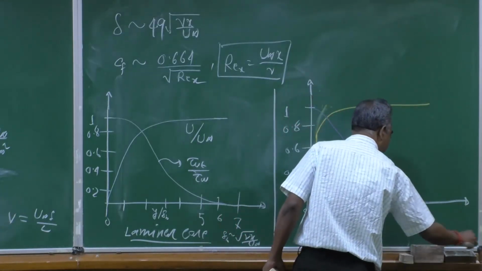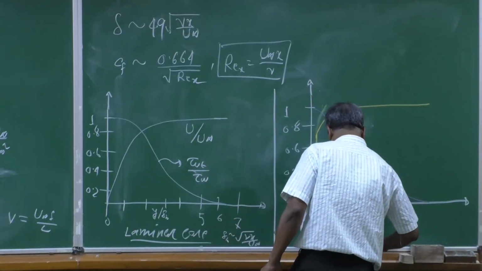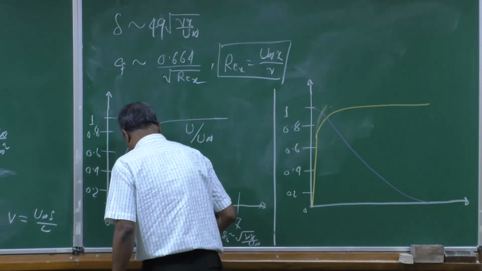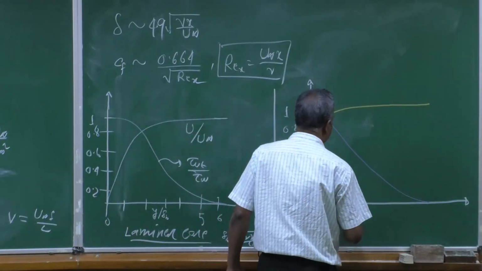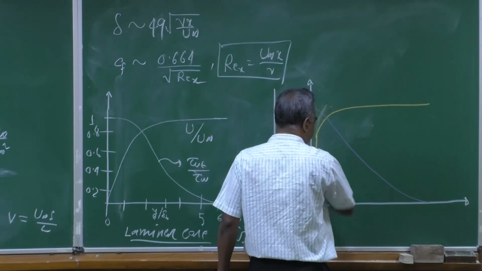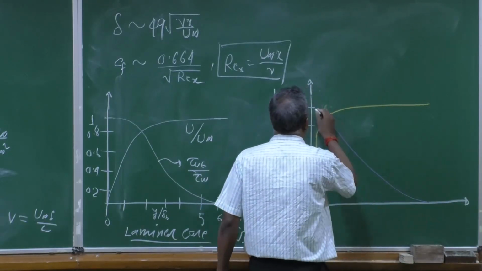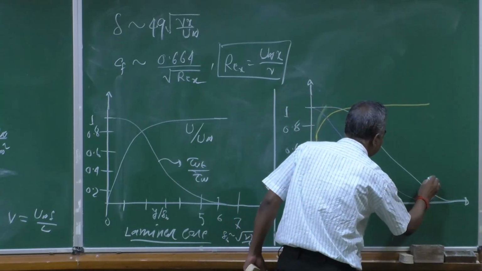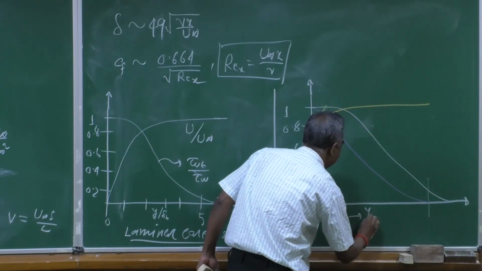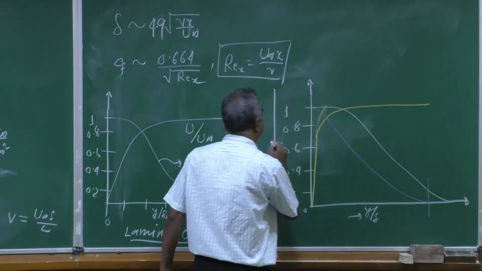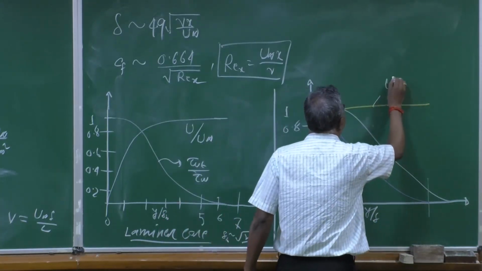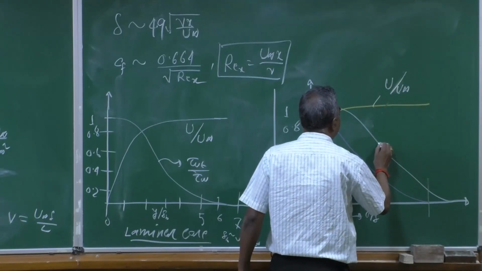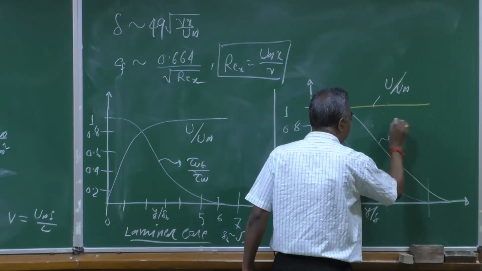And if you consider your intermittency profile, it is going to come something like this. This is y by delta, this is the mean velocity divided by u infinity, and this is your intermittency function gamma.